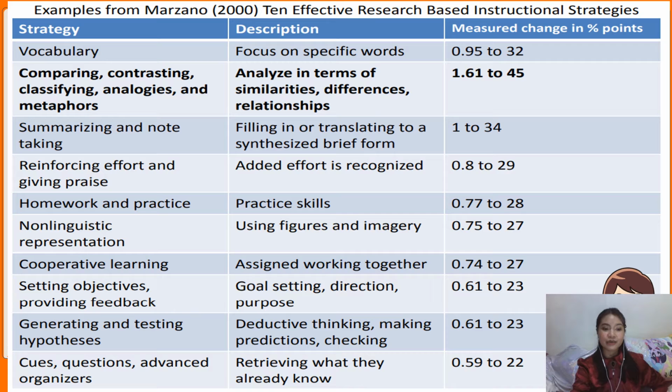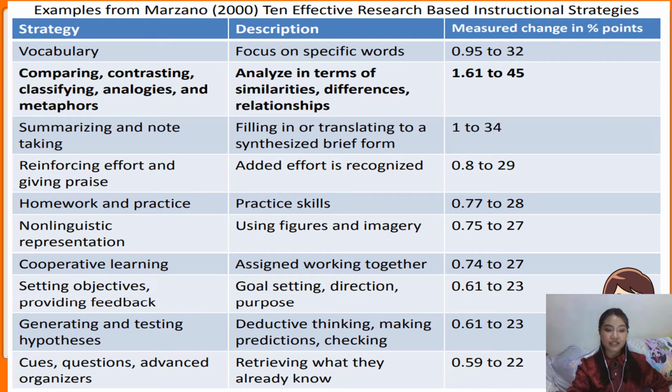Next is non-linguistic representation. It is using figures and imagery. Next is cooperative learning. It is when the teachers assign learners to work together. Next is setting objectives and providing feedback. Of course, as the strategy is worded, it is the goal setting part, the direction, or the purpose.